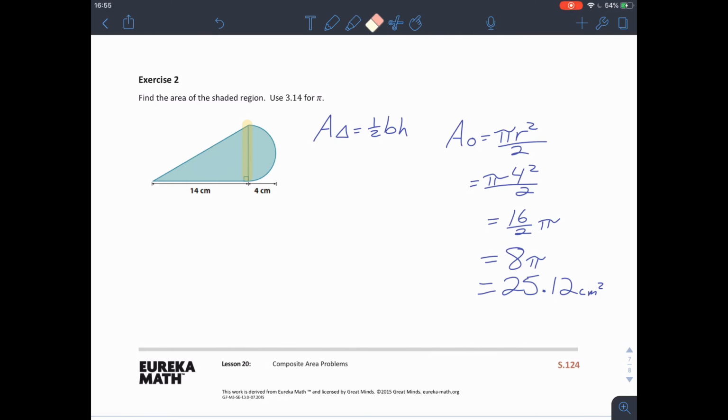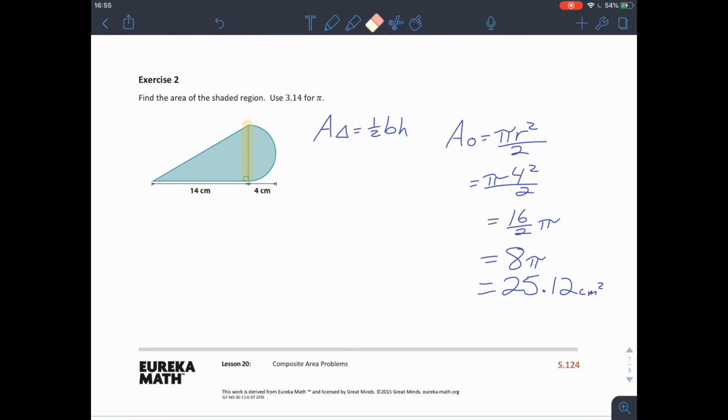But what about the triangle? Well, the base is 14, they gave us that, but they didn't give us a number for the height. Looking at my height, I see that it forms the bottom piece of my semicircle that goes across the whole length of it. That makes it the diameter of my circle.